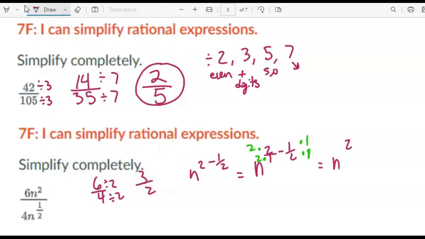So that's n to 2 minus 1, or not 2 minus 1, 4 minus 1 over 2. And that'll be n to the 3/2. So your simplified expression will be 3 times n to the 3/2 over 2.